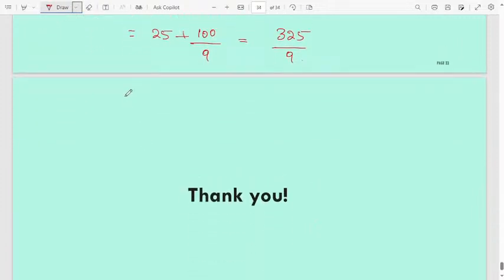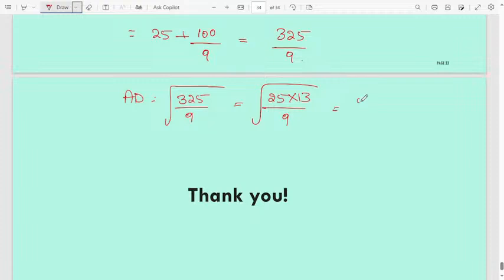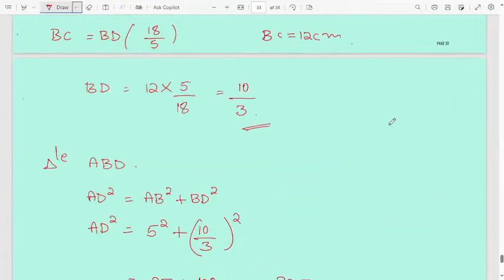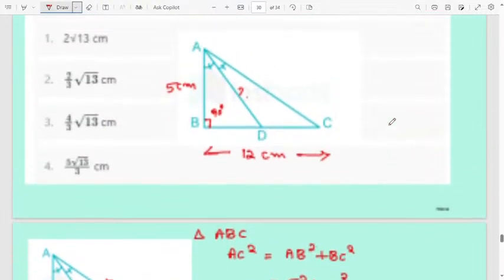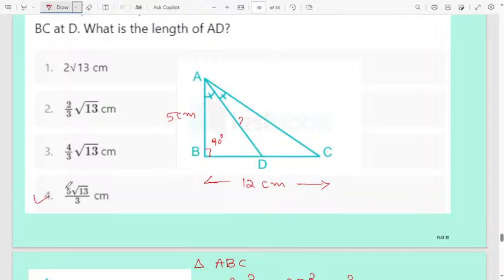Then AD will be square root of 325 by 9. We can write 325 as 25 into 13 divided by 9. Take the 25 outside, 5 root 13 by 3. Therefore the correct answer of AD is 5 root 13 by 3 centimeter.